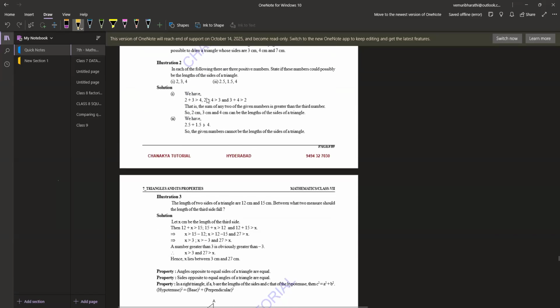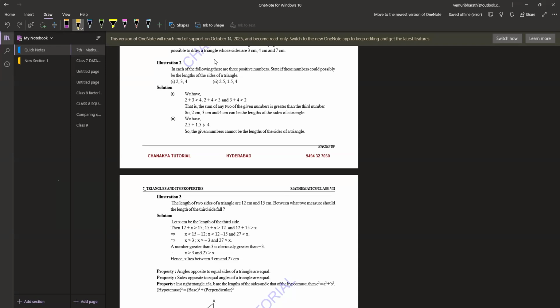Now see, there are three positive numbers in each of the following. State if these numbers could possibly be the lengths of the sides of a triangle. Can you check, children? 2, 3, 4 are mentioned. What is the condition for forming a triangle that we just discussed?